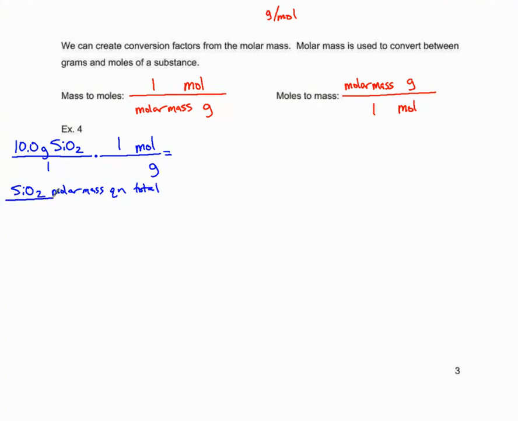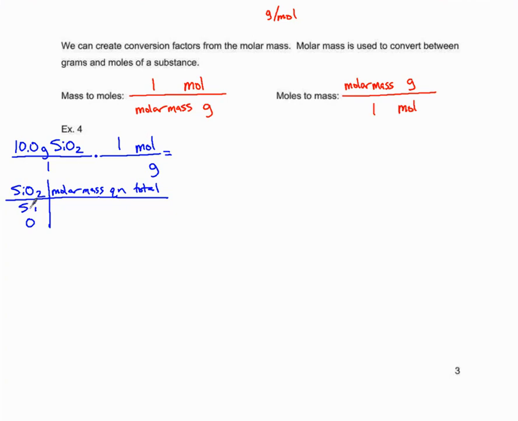This is the table that I was making. The first column lists the elements involved in the compound. The second column was the molar mass from the periodic table directly.